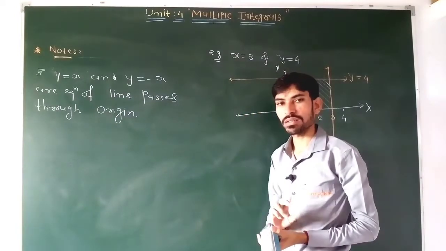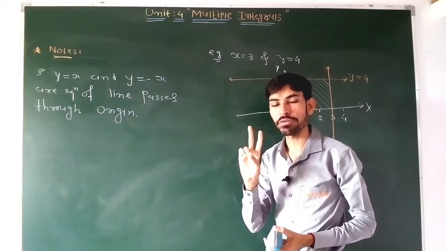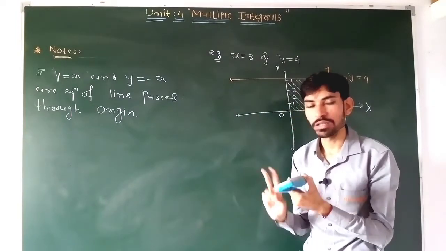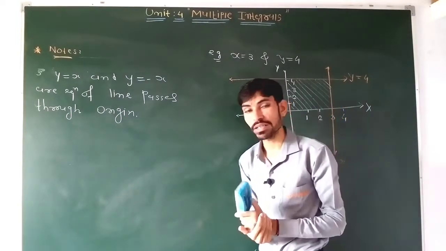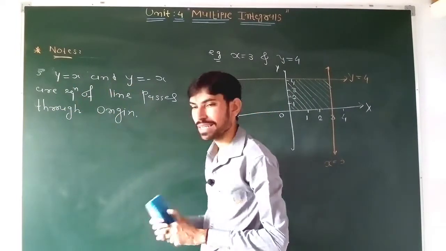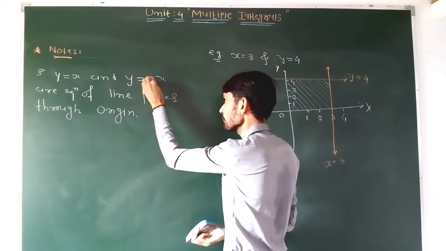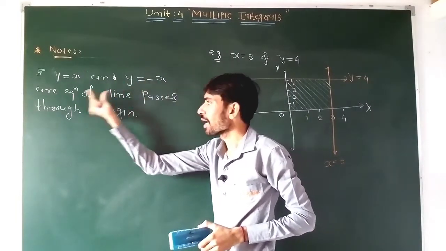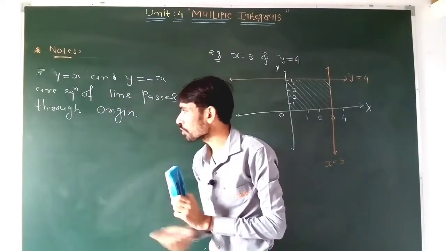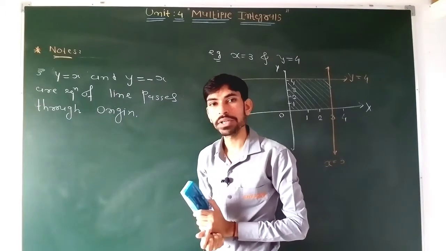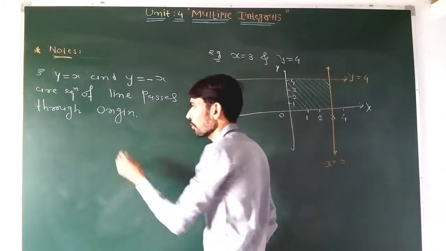We have discussed two equations of lines already: x is equal to a and y is equal to b. This is the third type: y is equal to x and y is equal to minus x are equations of lines that pass through the origin. Friends, both are equations of lines and both lines pass through the origin. So here we draw both the lines.